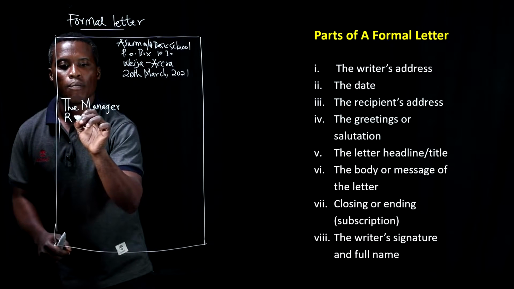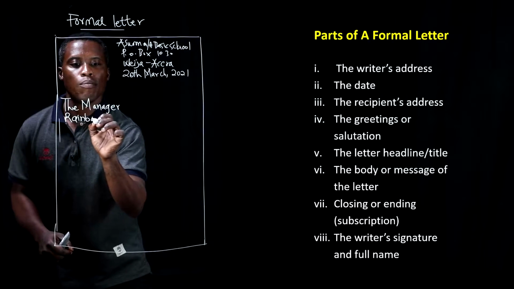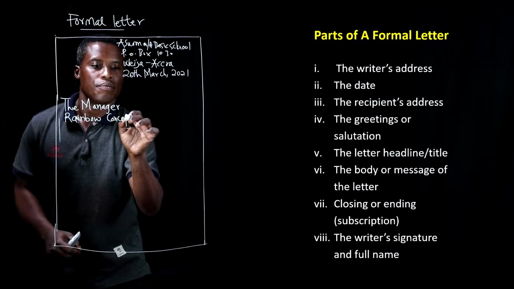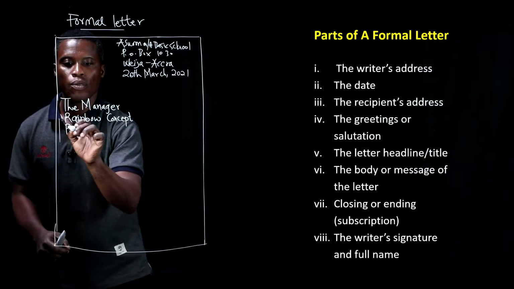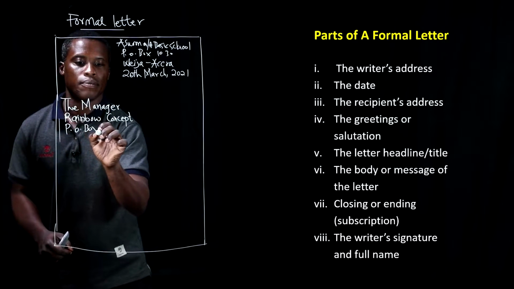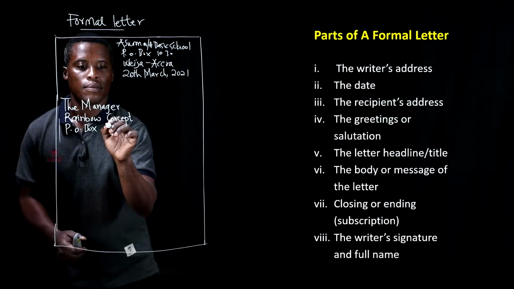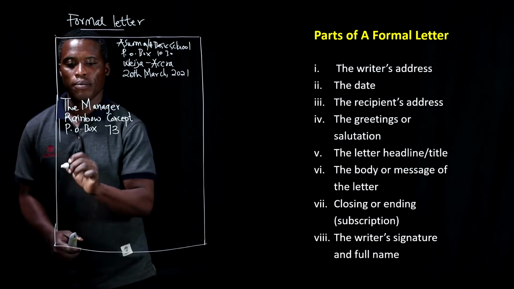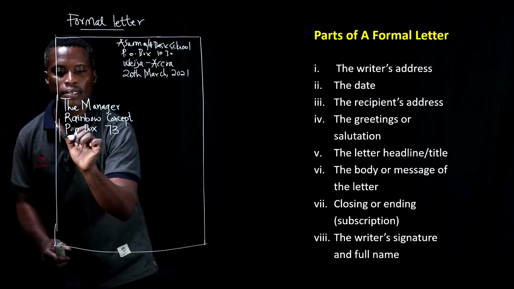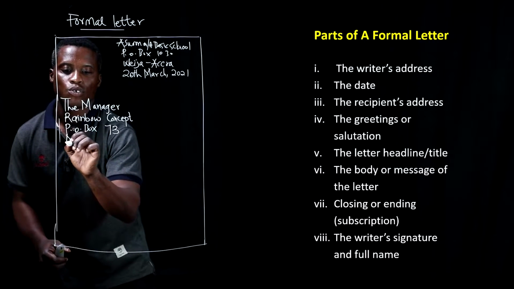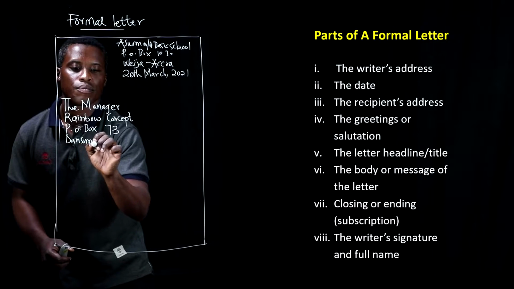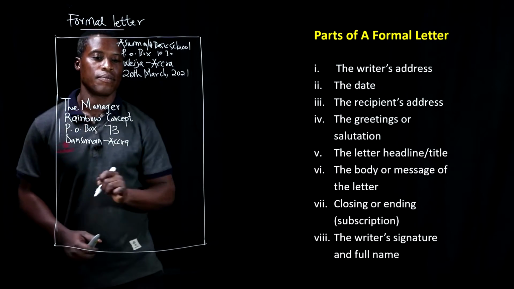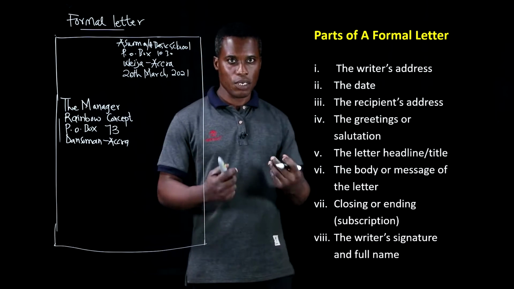The name of the company is Rainbow Concept. Then I have P.O. Box 73, Dansuman, Accra. So this is the recipient address.